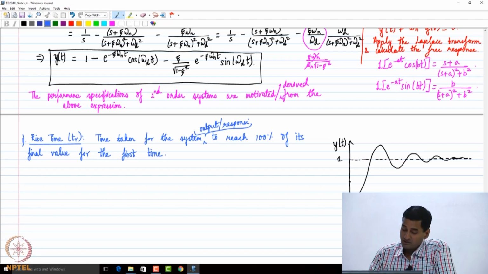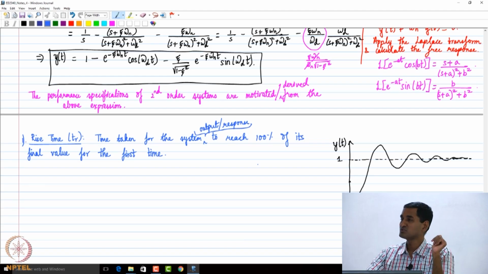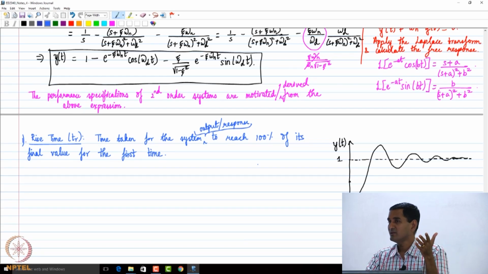So this is the time taken for the system output response to reach 100% of its value for the first time. But if you have a critically damped or overdamped system, the output reaches the final value only as t tends to infinity. It will never overshoot like this. Then the rise time definition will change.